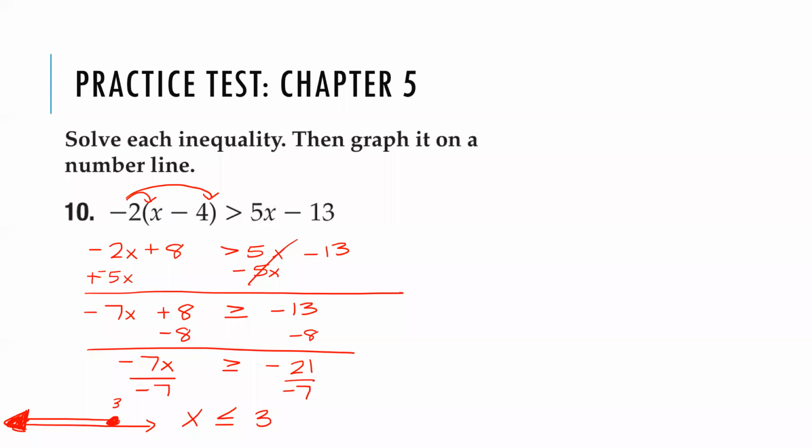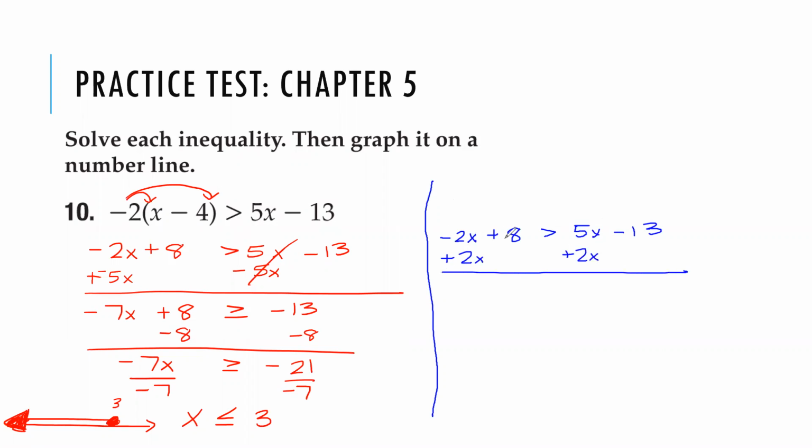Now, let's say you wanted to keep the variable positive. So at this point, when you had -2x plus 8 is greater than 5x minus 13, now we could have added 2x here, okay?